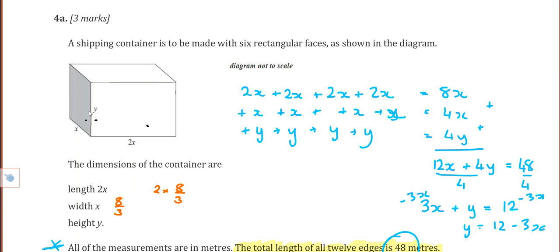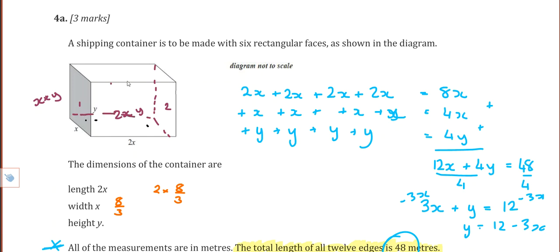So I've got an x times y, and I've got 1, and then there's another one on the other side. So there's 2 of them. That's why I did the times 2. So that's the x times y. Alright? And then this side is the 2x times y. And there's 1 on the other side there as well.